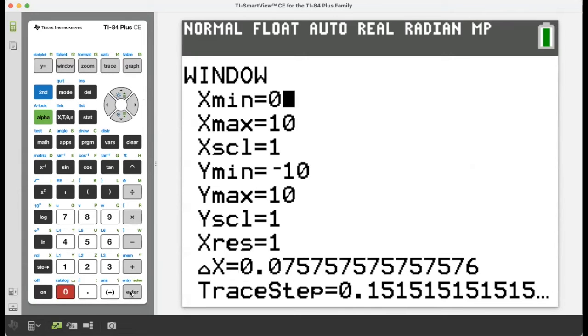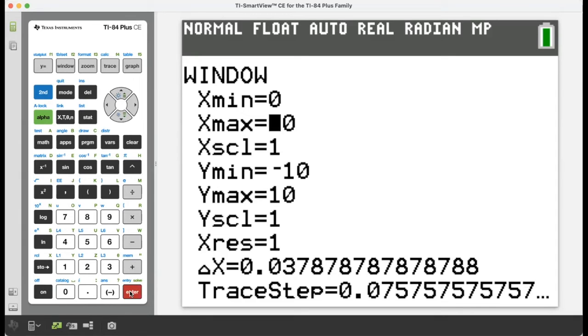So I clear out the negative values for x. Now, we want to be able to see the entire parabola, or the entire flight of the rocket modeled by the parabola. So I want a little bit more space. I'm going to go to x equals 15.